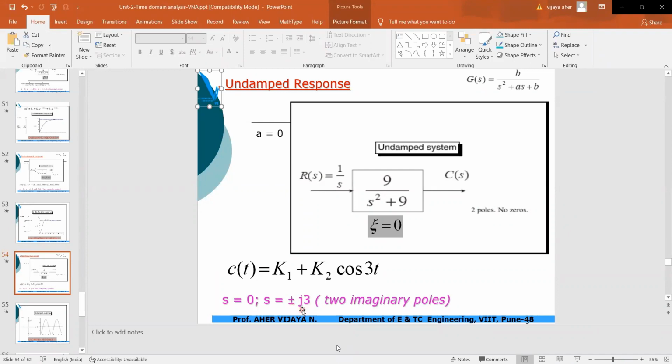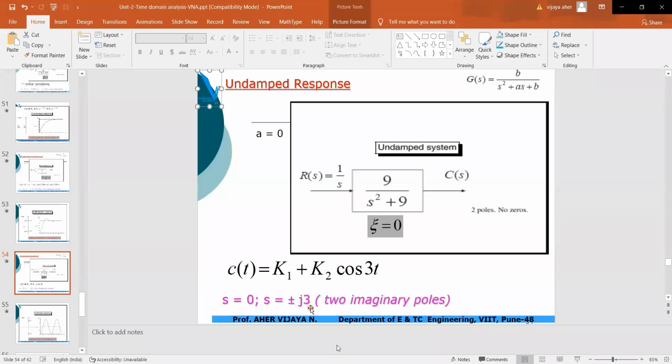Why imaginary? Because j term is included in this root. Okay, 3j. Now where will the first pole be in our S plane? At plus j3. Yes exactly, very good Ashish, I like it, thank you beta. Where will the second pole be located? At minus j3 on the imaginary axis.